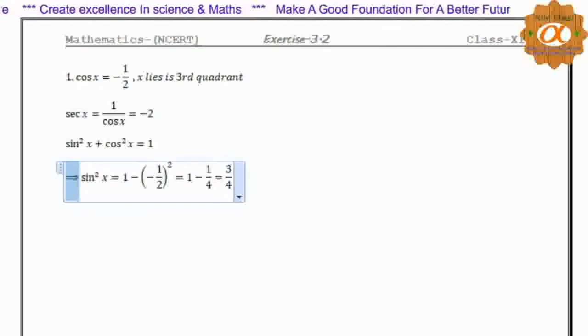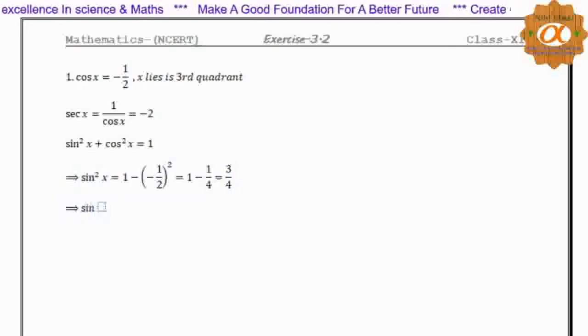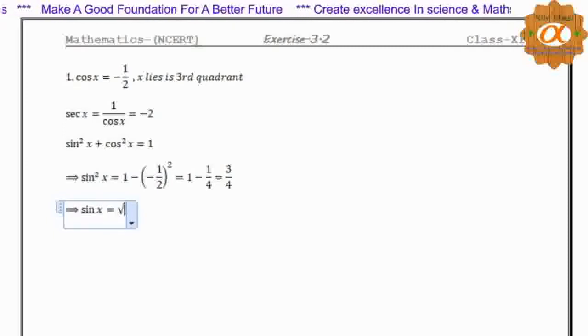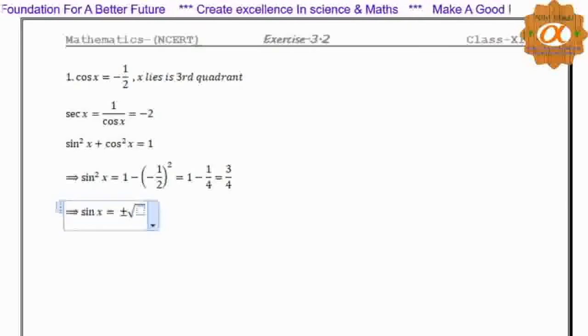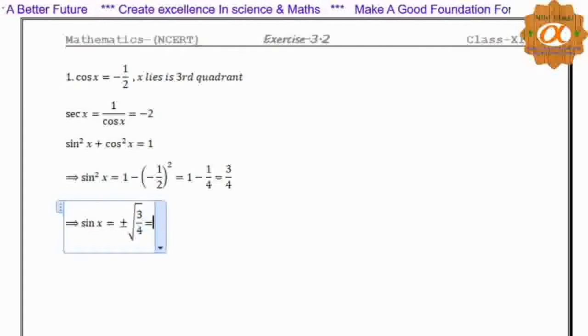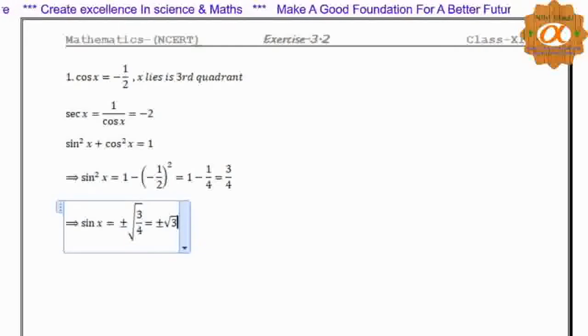That implies sin x is equal to plus minus under root 3 by 4, and the value comes to plus minus root 3 by 2.